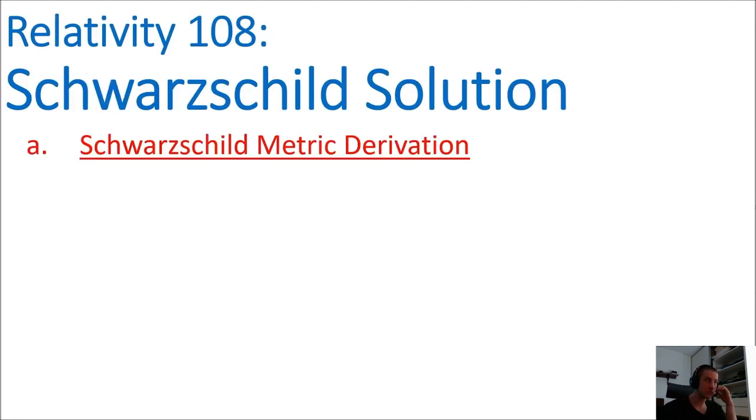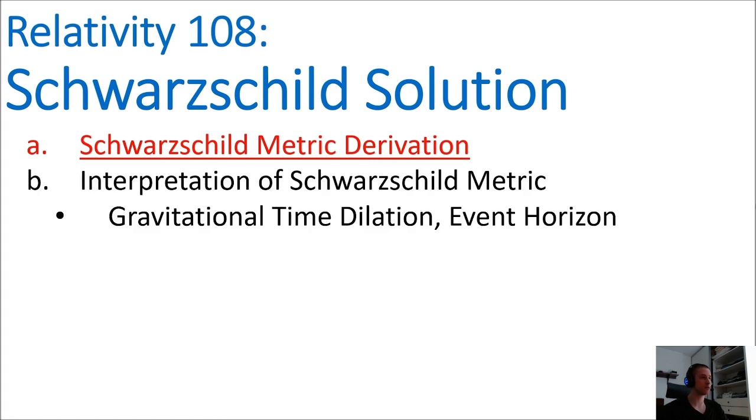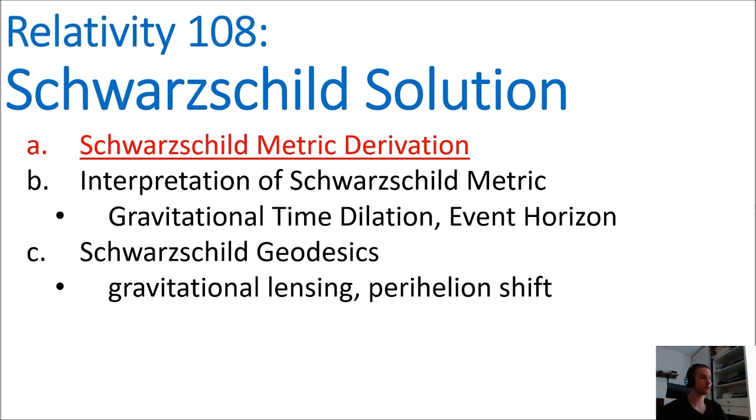In this video, 108a, we'll start by deriving the Schwarzschild metric from some starting assumptions. Then in 108b, we'll interpret what the metric means, explaining gravitational time dilation and also explaining a black hole's event horizon. In 108c, we'll calculate the geodesics of the Schwarzschild metric, which give the paths of light beams and massive bodies in the presence of gravity, which includes the perihelion shift of orbits.